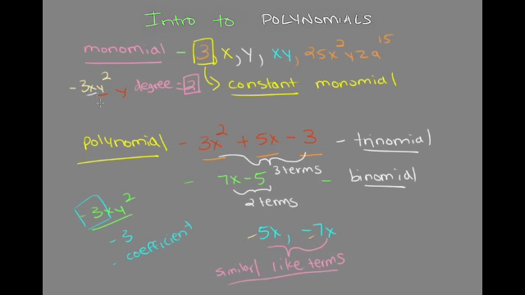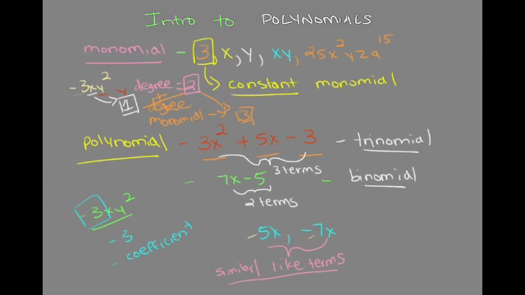The degree of x will be 1. And numbers, like this coefficient, negative 3 here, have no degree. Their degree is 0. So you're just adding the number of times the variable appears in that monomial. So the degree of the monomial is 3, because 2 plus 1 is equal to 3.